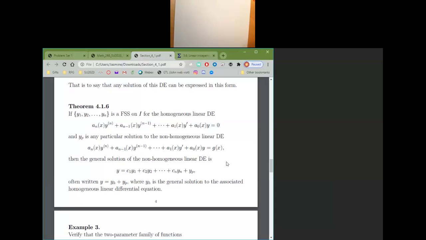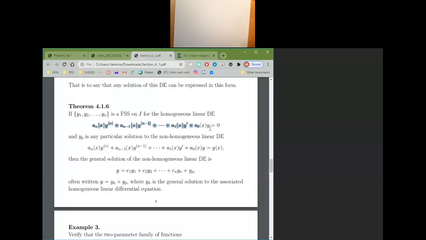But this is to say, if you have the general solution using a fundamental solution set of the homogeneous linear differential equation, and you find literally any function that works as a solution to the non-homogeneous differential equation, then the general solution of the non-homogeneous linear differential equation is the sum of those two, this general solution to the homogeneous equation plus the particular solution, which makes sense, right?